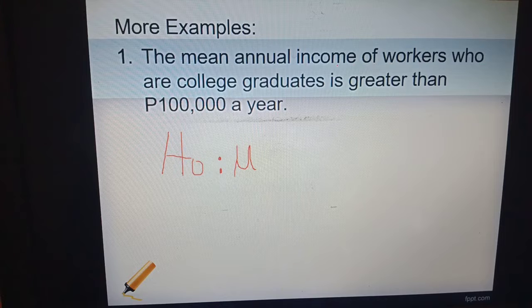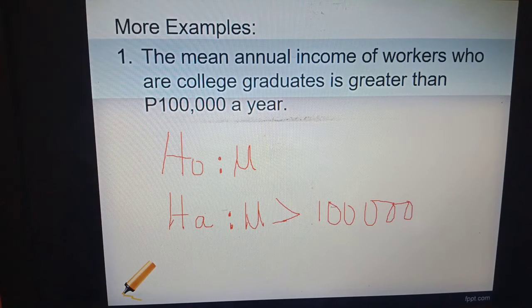So, nakalagay naman dyan is greater than. So, hindi siya sa null hypothesis ilalagay yung is greater than. Nasa alternative hypothesis. So, mu is greater than, ito symbol natin, 100,000 a year. Okay?